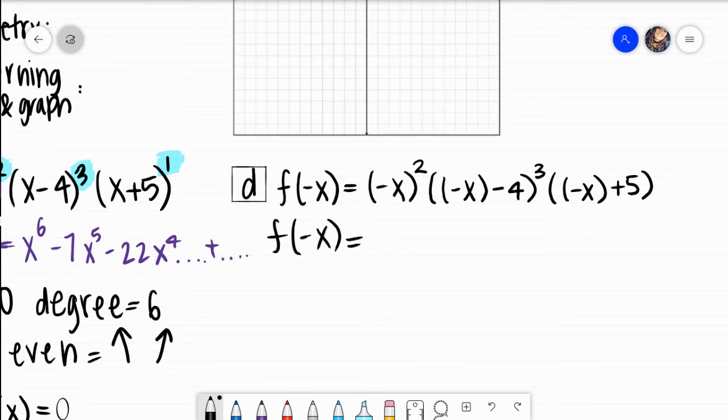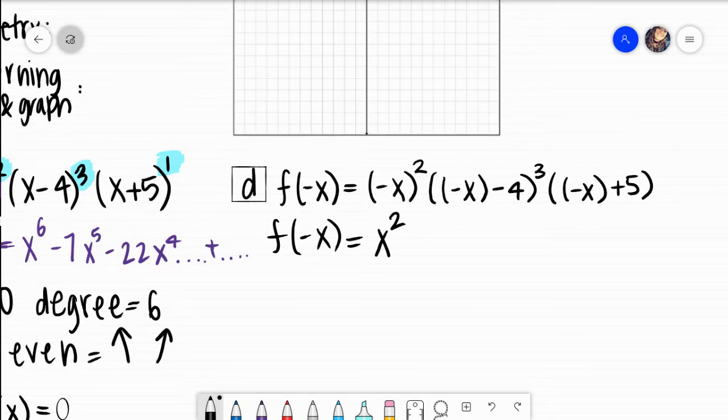If you look at negative x squared, I know for a fact that if I have a negative variable raised to an even power, that is always going to give me a positive variable. You just keep your exponent there, y'all. That's because a negative times a negative equals a positive. Same train of thought, if you have an odd exponent, then what you end up getting is a negative variable.